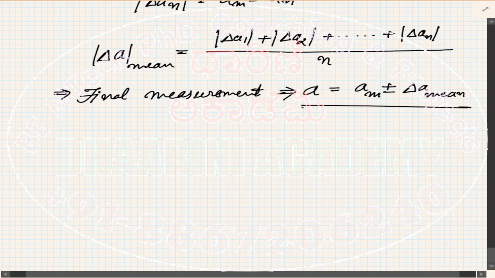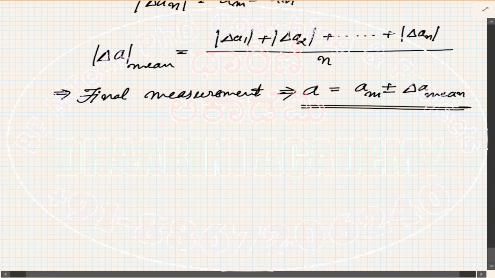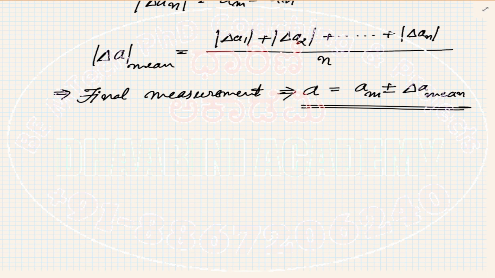It's obvious because the absolute value of the error is delta, so this could be plus delta or minus delta. So we write it in the same format which we discussed earlier. When you have an error in the measurement by an equipment, you write plus or minus of that value with your measured value. Which means the value of the quantity lies between AM minus delta A mean and AM plus delta A mean. Somewhere in the middle, the value exists.